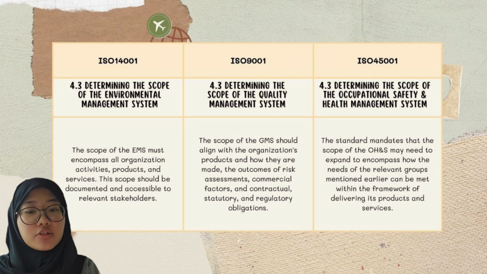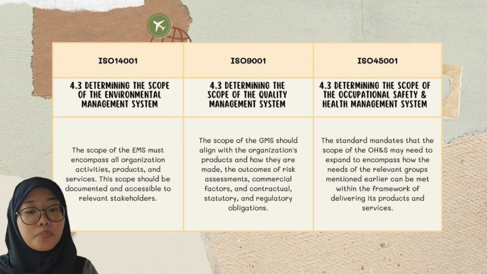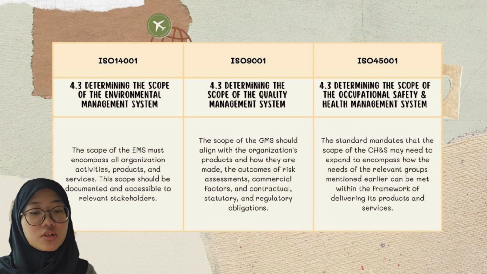Then 4.3, determine the scope of environmental management system. For ISO 14001, the scope of EMS must encompass all organization activities, products and services. So the scope should be documented and accessible to relevant stakeholders. For 9001, to determine the scope of quality management system, it should align with the organization's product and how they are made, outcomes of risk assessment, commercial factor and contract, statutory and regulatory obligation.